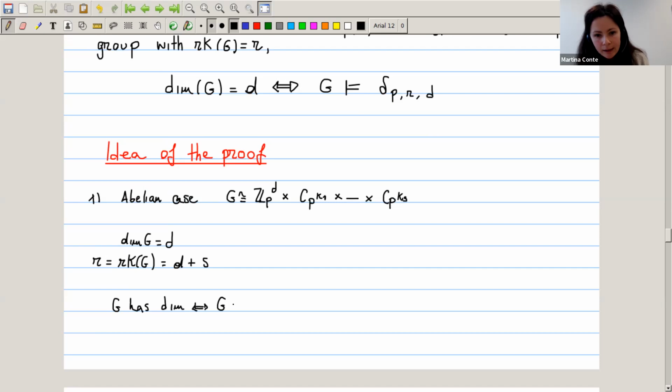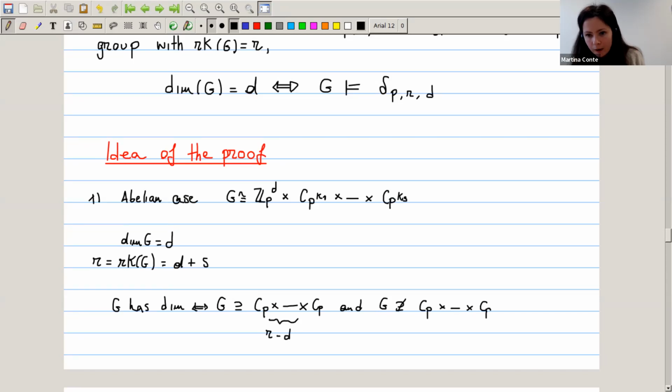So we see that G has dimension D if and only if it contains a subgroup isomorphic to S, that is R minus D copies of Cp, and G does not contain a subgroup isomorphic to R minus D plus 1 copies of Cp.